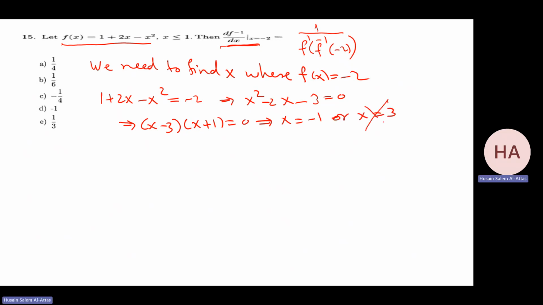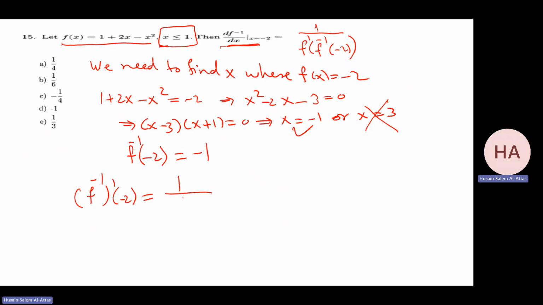This is out. Why? Because there is a condition, x is less than or equal minus 1. So this is my f inverse. So f inverse at minus 2 will be equal to minus 1. So f inverse prime at minus 2 will be 1 over f prime at f inverse of minus 2, f prime at minus 1.